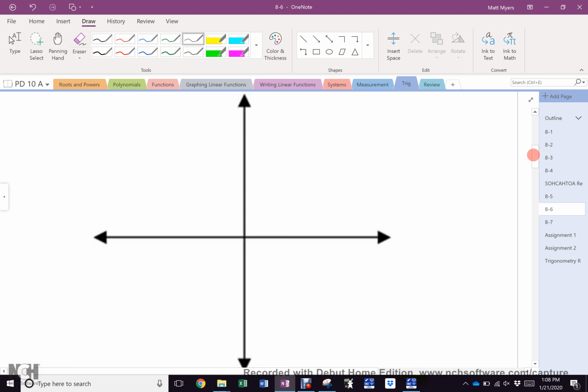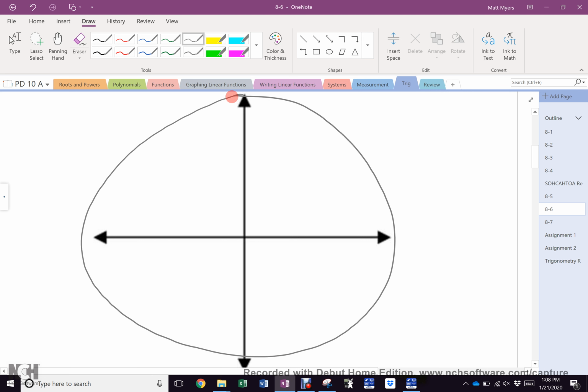All right. So, I've called this section the unit circle, because I want to explain something to you. If I draw a circle and pretend it's perfect, this is in the middle, yeah? So what is this? A radius. Everybody agree?